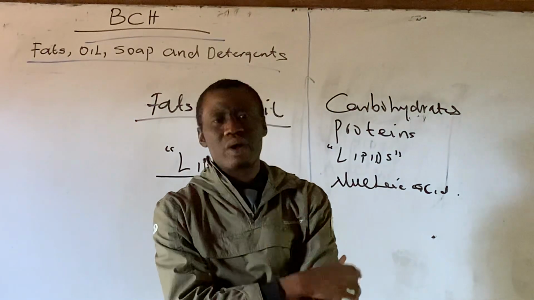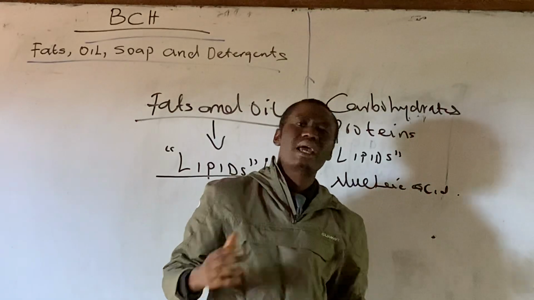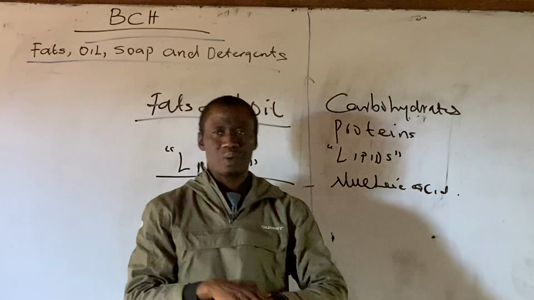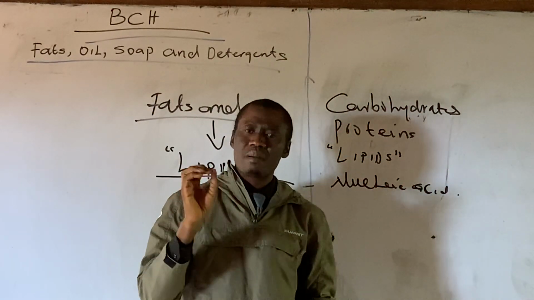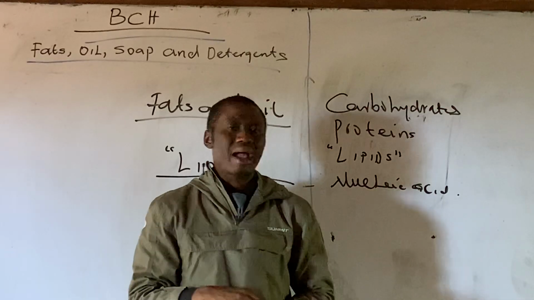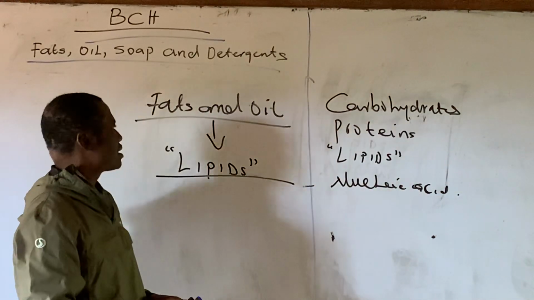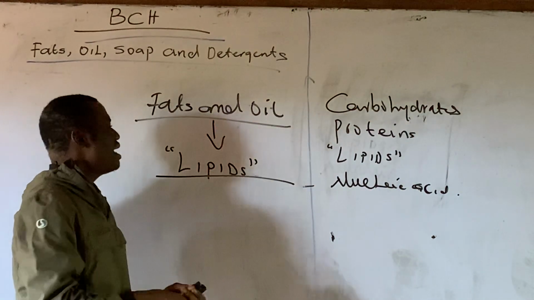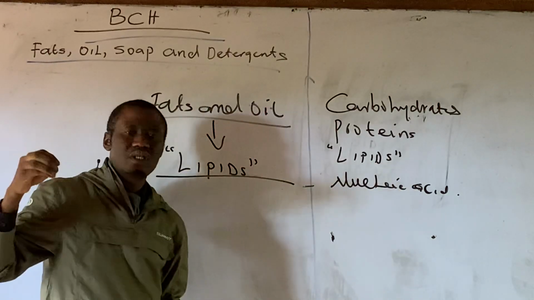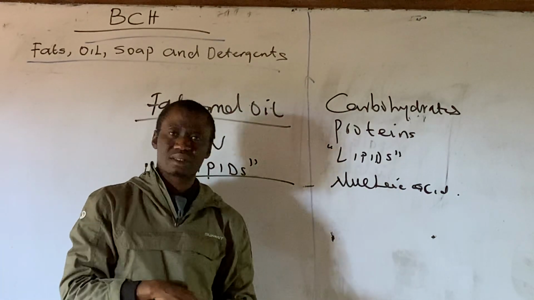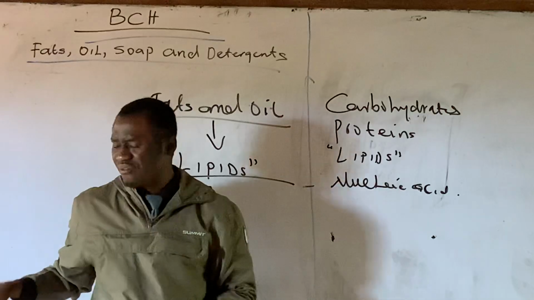Then the major one is that lipids is an active biological molecule. Alright, you understand that fat and oil is a derivative of lipids, and you now know the features of lipids.